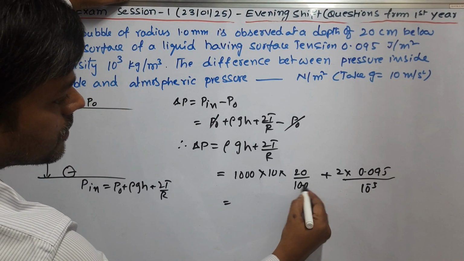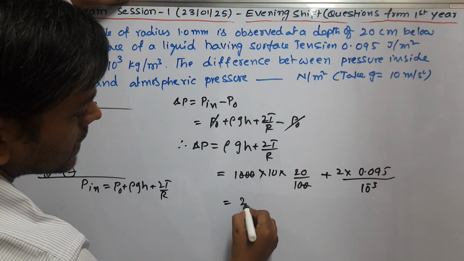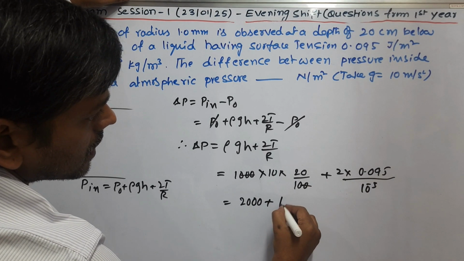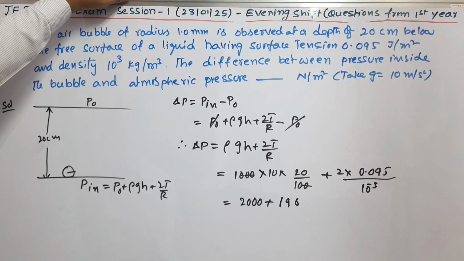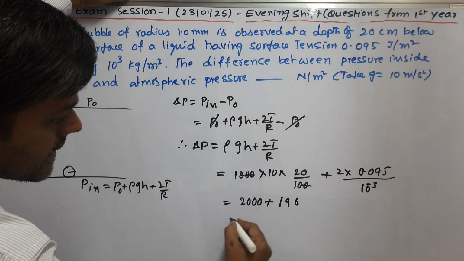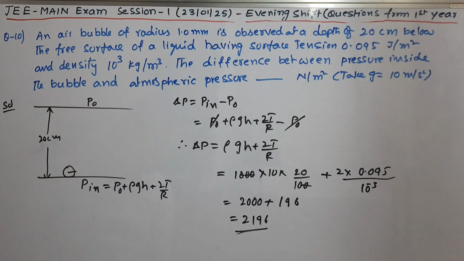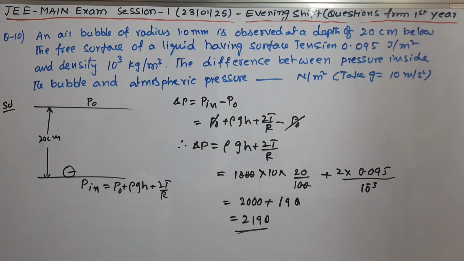The zeros cancel. This is nothing but 100 into 20, that is 2000, plus 190. So the answer is 2190 for this question.